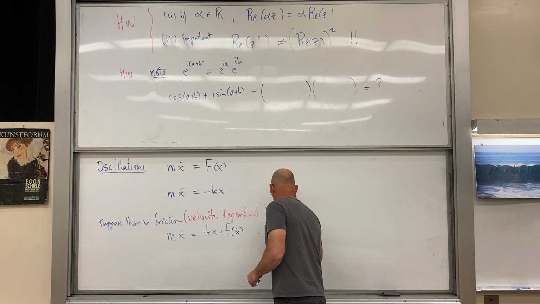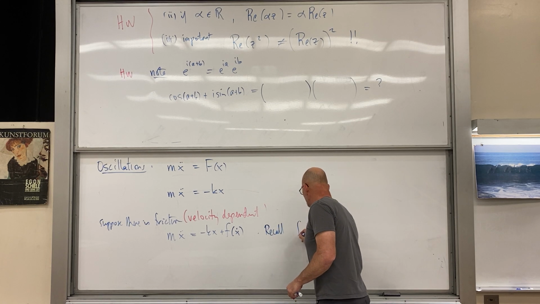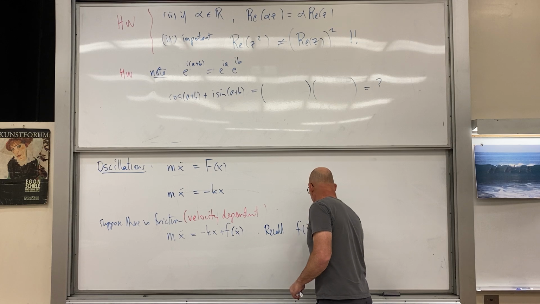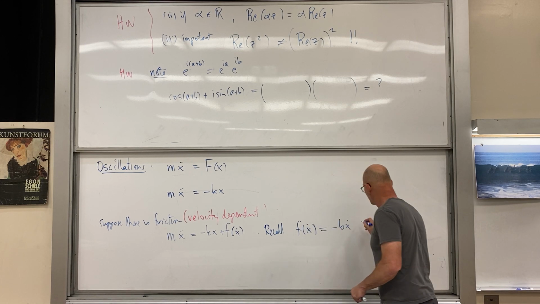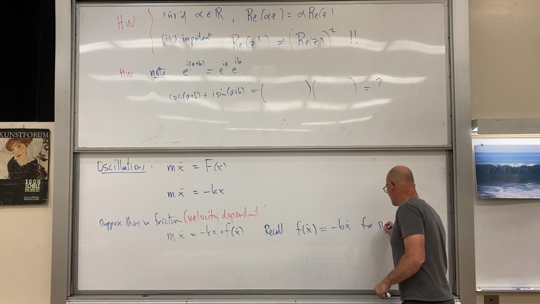Recall f of x dot is just equal to minus b x dot for small velocities.